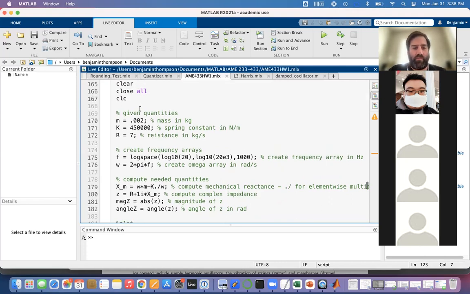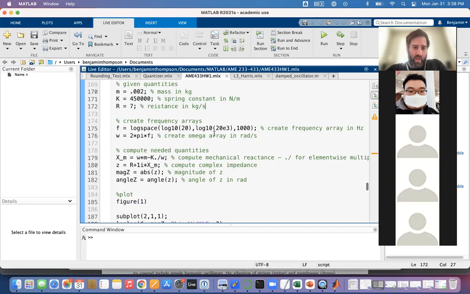All right, here's what we're going to do. We're going to write down our given quantities. This is really step one, no matter what you're doing. We know our mass, our K value, our R value, those are given. So I'm just going to assign those to some variables. It doesn't matter what you name those. I went a little above and beyond with the comments because I wanted you to be able to read it, but it's helpful generally to comment your code pretty well.